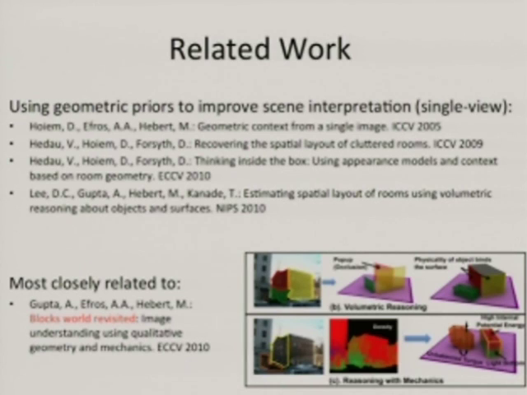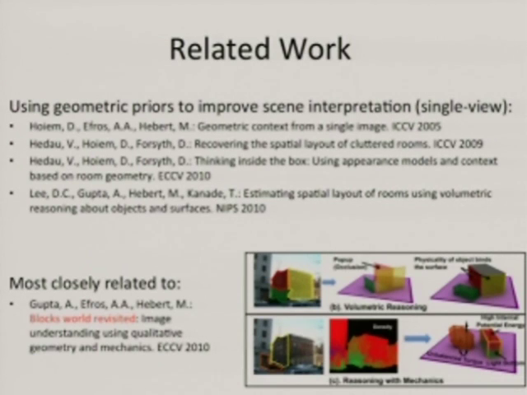There they use various heuristics based on physical reasoning to try and understand the layout and the volumetric shapes in outdoor scenes. So this work is very much in the same spirit. We're going to be addressing indoor scenes, which are much more complicated and cluttered, but we do have the added advantage, of course, that we have the depth information from the Kinect sensor.